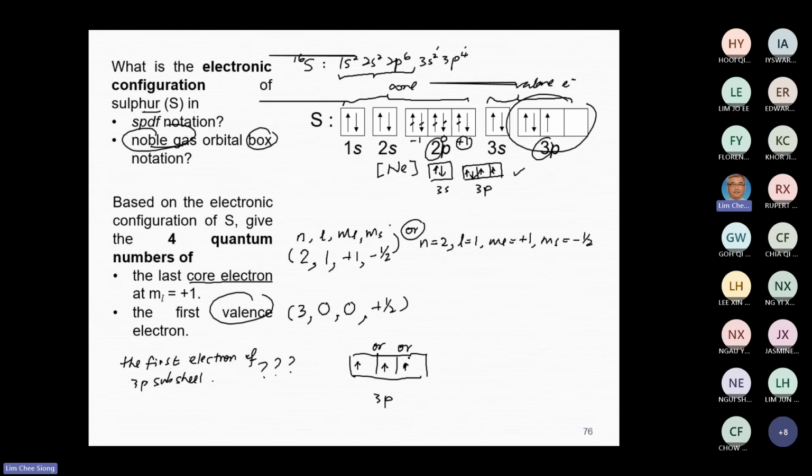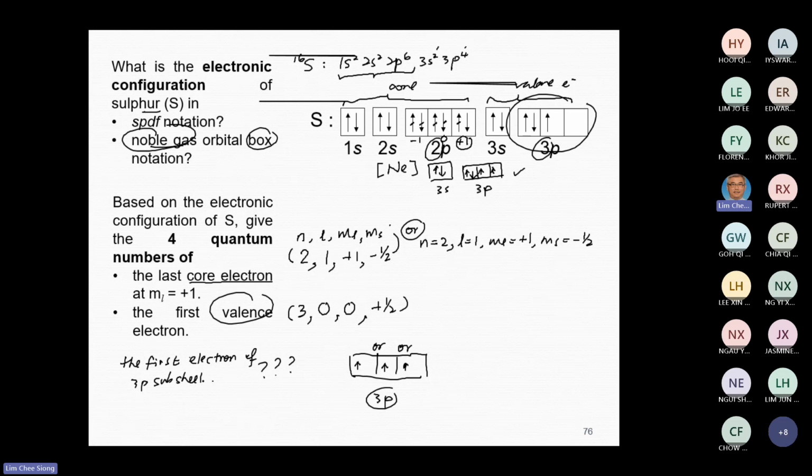Because according to the Hund's rule in quantum numbers, in the same 3p subcell, all the energy will be considered the same. So the electron can be allocated at any of the orbitals because they have the same energy level.